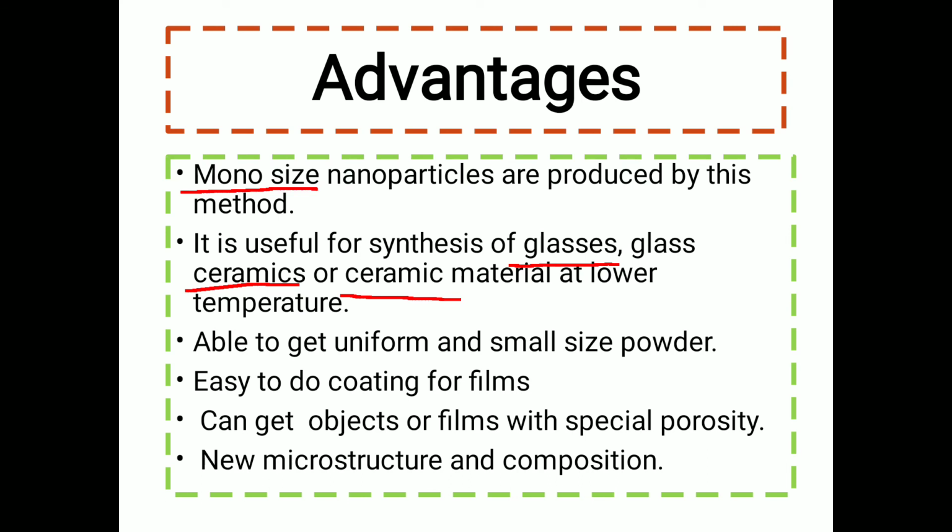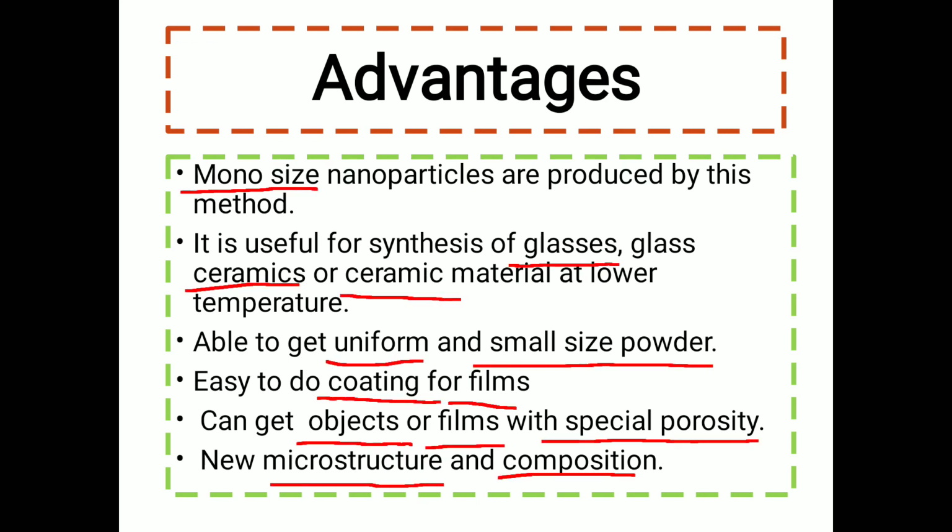This method is able to give uniform and small size particles. By the sol gel process it is easy to coat films. By this method we can get objects or films with special porosity, and it is also useful for making new microstructures and compositions.